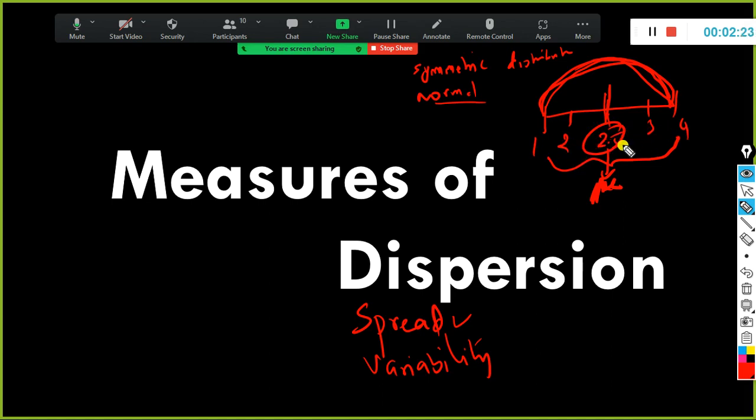Again the distance is 0.5, and again 1.5. So 1 is 1.5 away from the mean. The measures of spread or dispersion give us an idea of how well the mean represents the data.